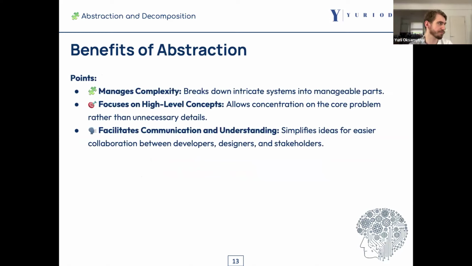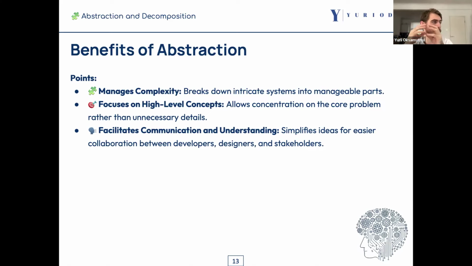Now, let's talk about the benefits that abstraction can bring us. As we mentioned before, it manages complexity. We are focusing on high-level concepts, and it's easier to communicate and understand our needs. Let's go through each of them one by one.